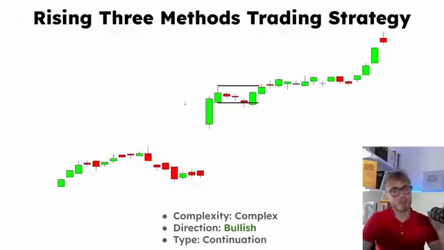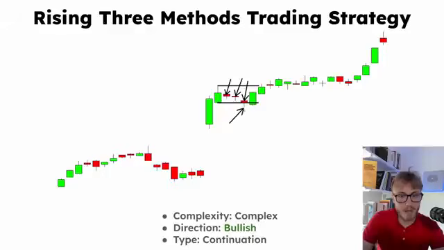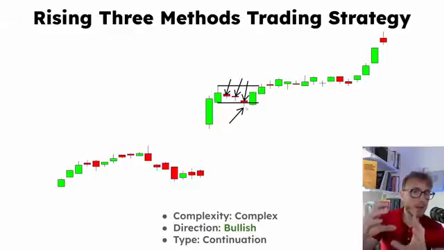I forgot to mention this in the previous slide, but the important part is that the real bodies of the red candles should be contained within this range. It's not the end of the world if we have a lower wick right here, but preferably we want at least the real bodies of the candles to be contained within that.